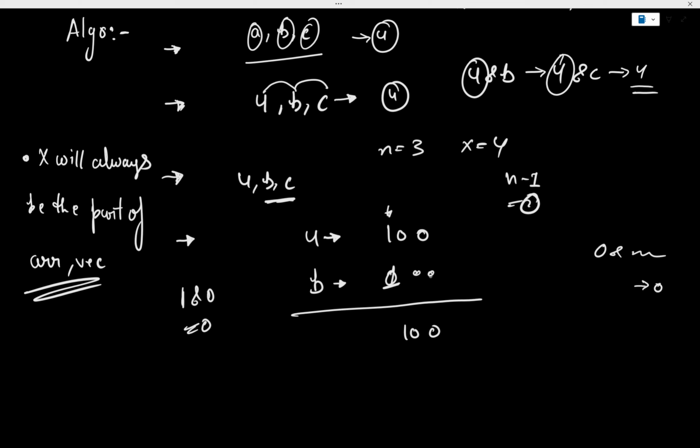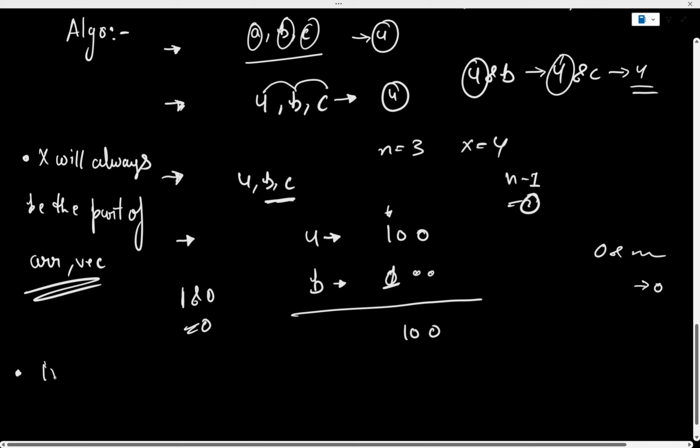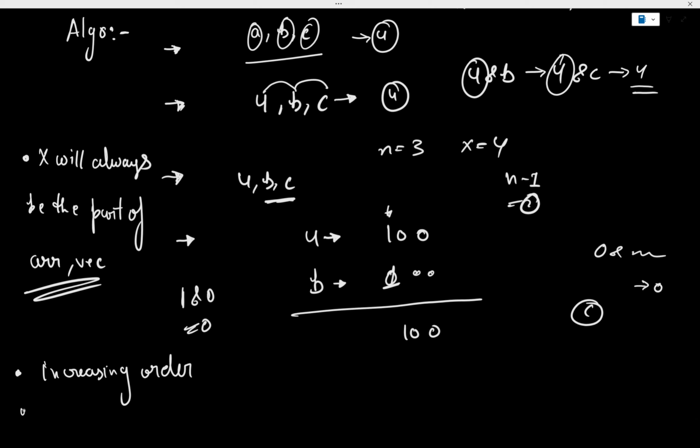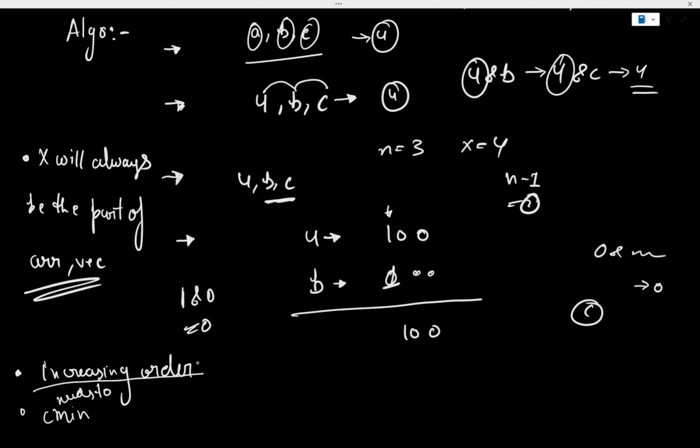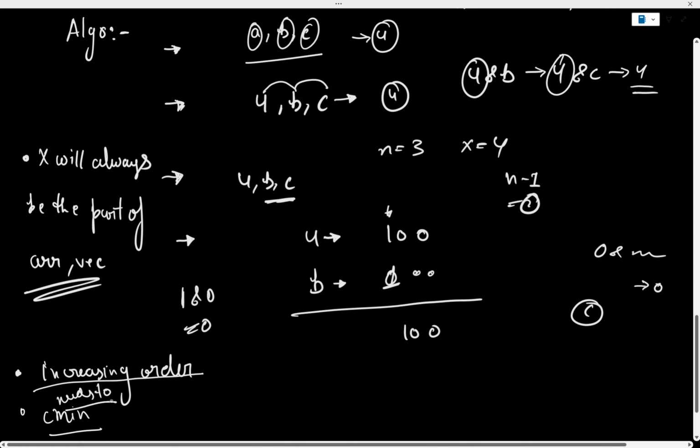We can do whatever, but not really, because it's increasing order, and at the same time c needs to be minimum. These things need to follow increasing order, but c needs to be minimum also at the same time. So we can't have anything over here.